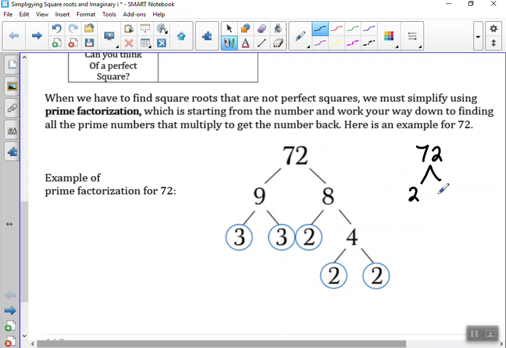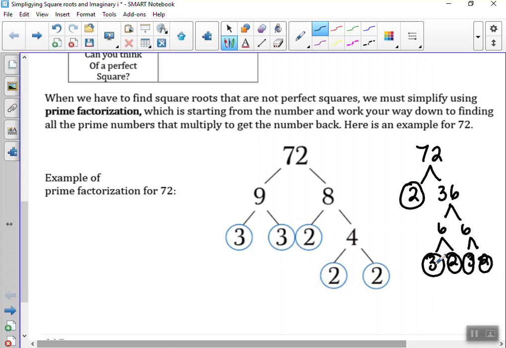I chose 2, so 2 times 36 is 72. Is 2 a prime number? Yes, it is, so I'm going to circle it. Go to 36. What is 36? 6 times 6. And then here, what is this? 3 times 2. 3 times 2. Okay, and I'm going to circle these.